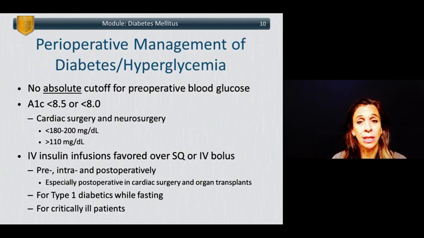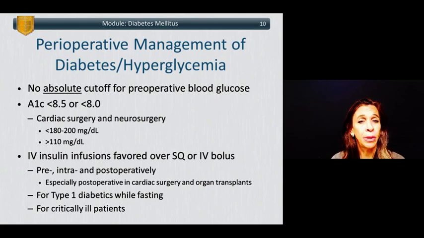And the recommendation is that blood glucose levels be maintained at all times at less than 180 to 200 milligrams per deciliter, but typically above 110 milligrams per deciliter. Tight glucose control has been associated with harm as well.